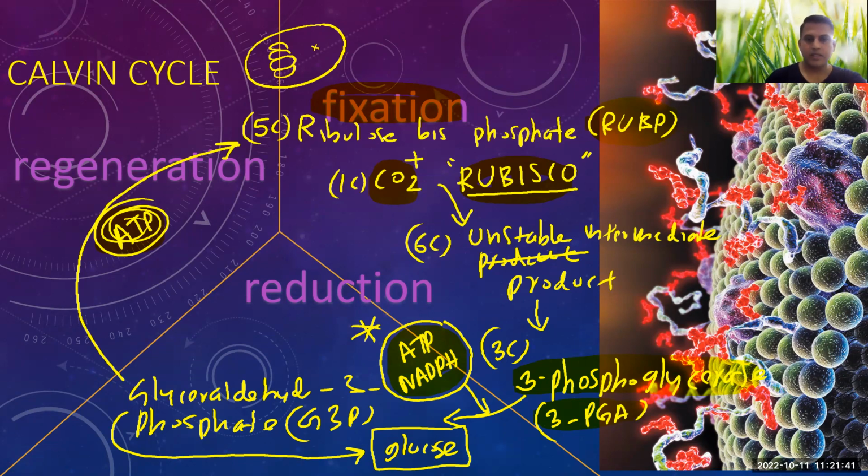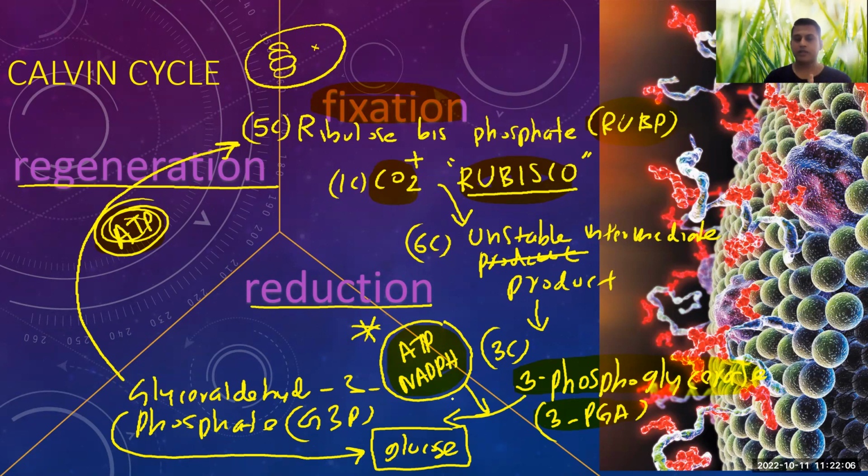So this is divided into fixation, reduction, and regeneration. We are not going to learn how many carbon dioxide molecules are required and how many glucose molecules are produced from carbon dioxide.